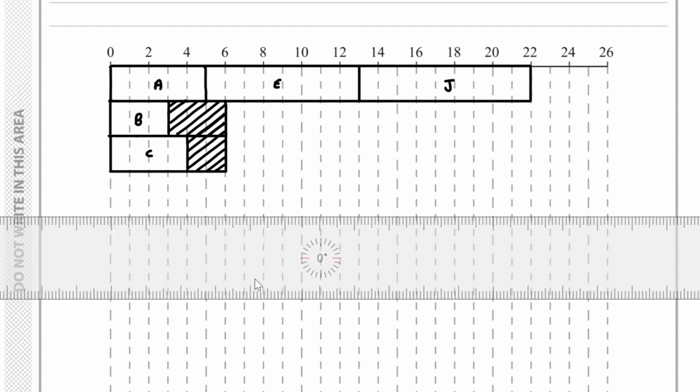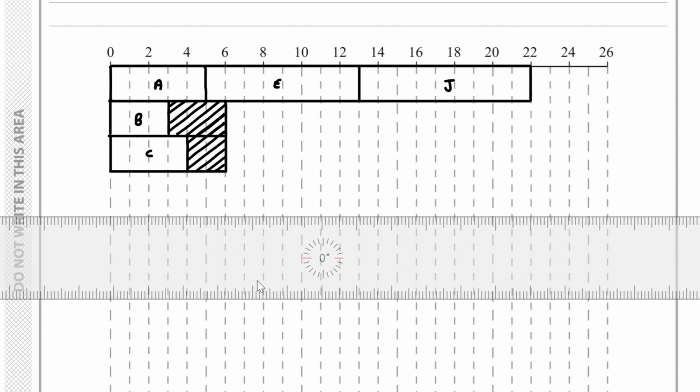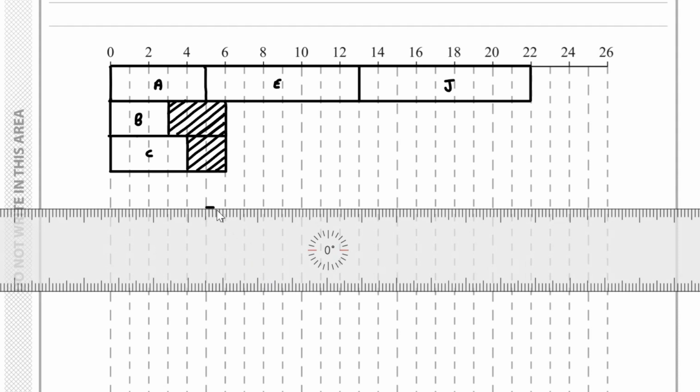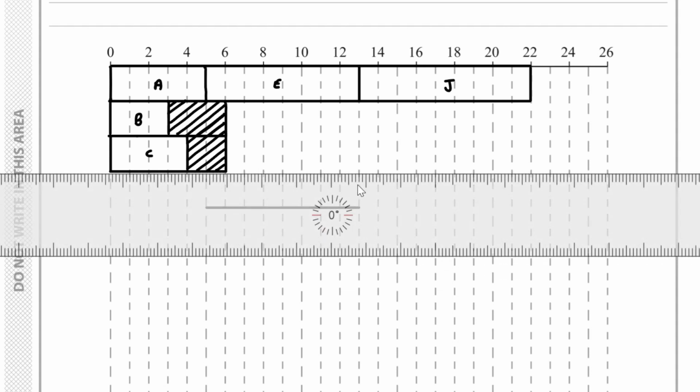So if we add this in for D, this will take us up to 13, which is over here. Okay, so let's also add the line from here up to 13 as shown here.